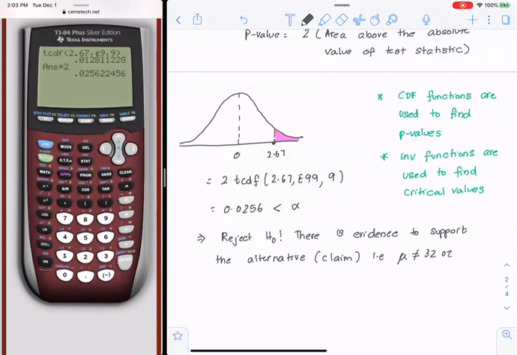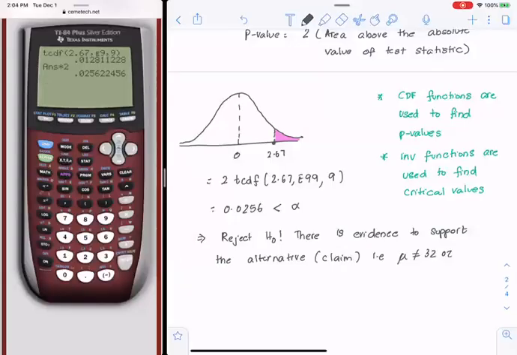So since we rejected the null, there is evidence to support the alternative or the claim. And what is the claim? The claim is that the average amount of coffee consumed by an adult per day is not equal to 32 ounces. And we found evidence toward that.